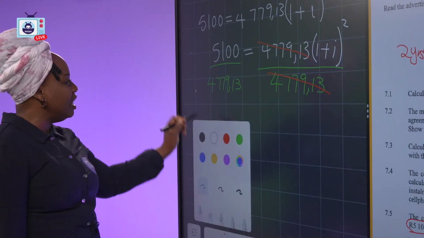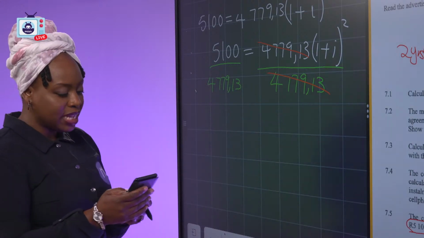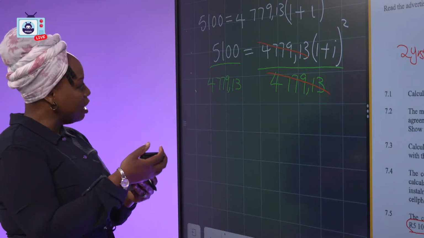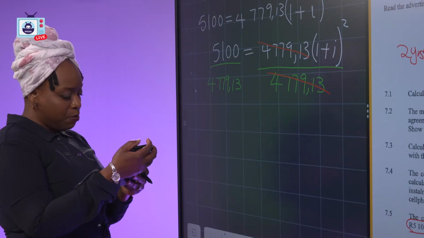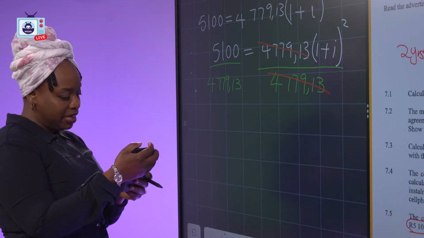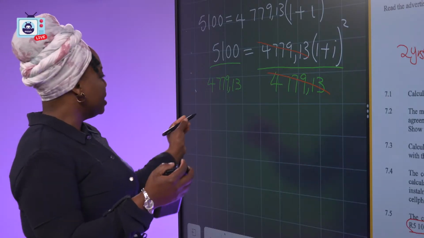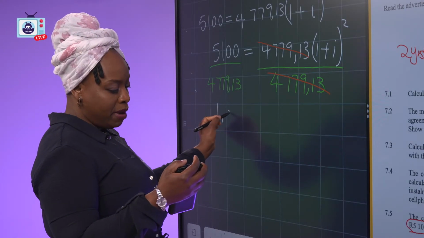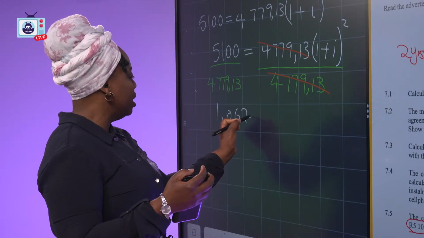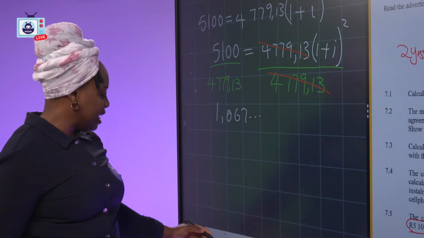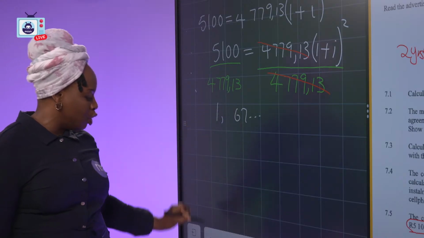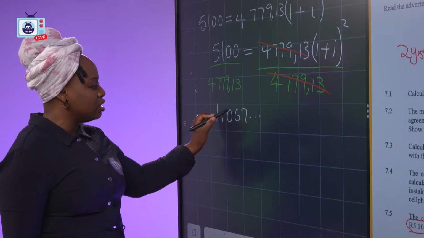But then on the left hand side, I can use a calculator. So 5,100 divided by 4,779, 13 cents, that gives me something like 1,067 and so on. You see, in this case, I am leaving "and so on" because I haven't yet gotten to the answer.